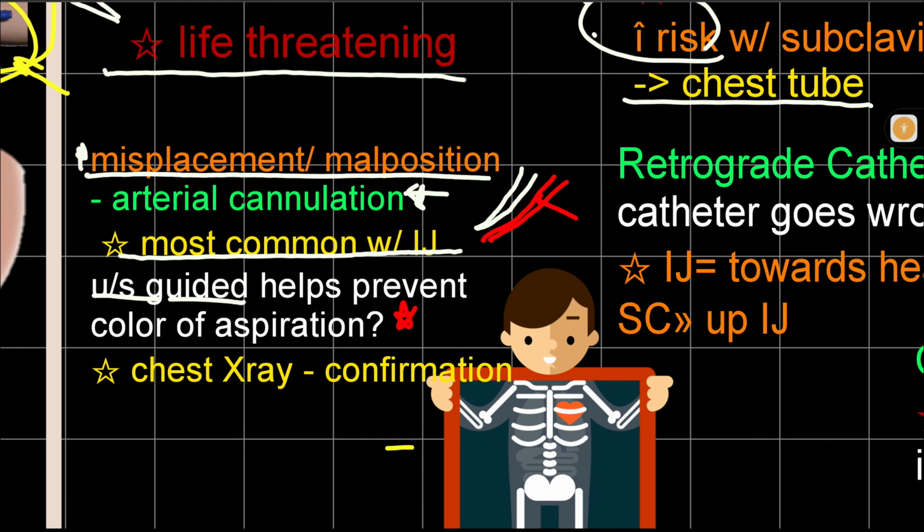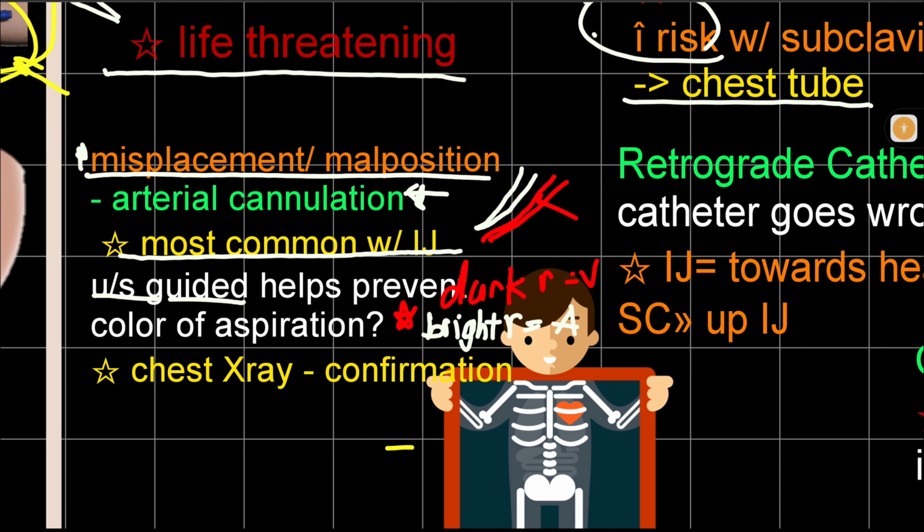Normally, when the aspirate you get is very dark red, that's an indication that you are in the vein. But if it's almost bright red, that is an indication that you are in the artery.